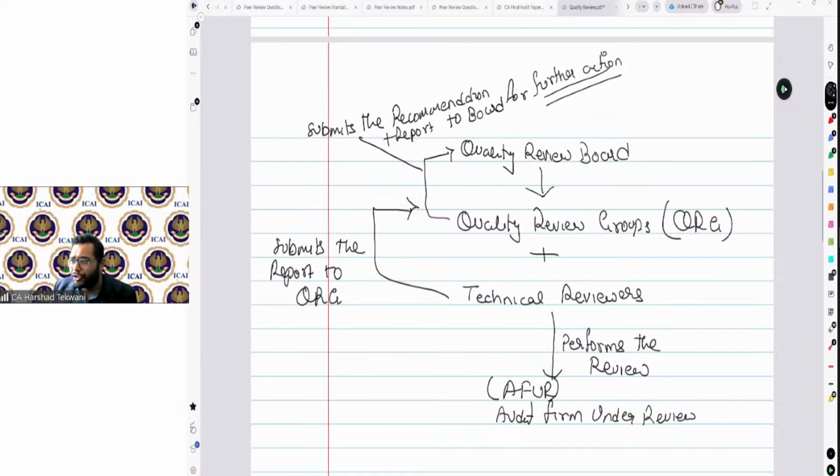So this action is a differentiator. Also, there are some restrictions with respect to the quality review that we will be discussing in a while. But these are certain things which differentiate between both of them.